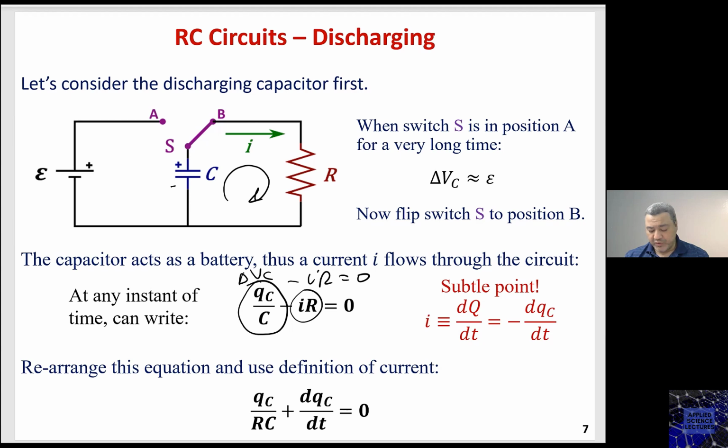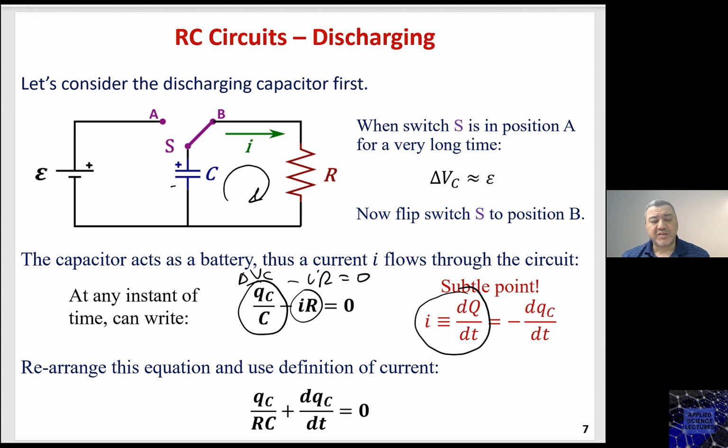And remember, we said that the definition of the current is dq over dt. In the previous case, we said dq over dt equals dqc over dt because the capacitor was charging. The direction of the current is charging the capacitor.